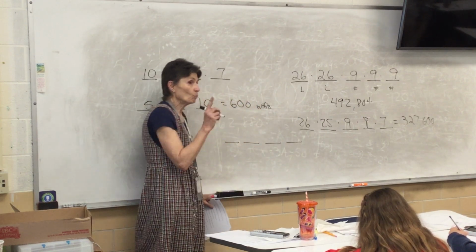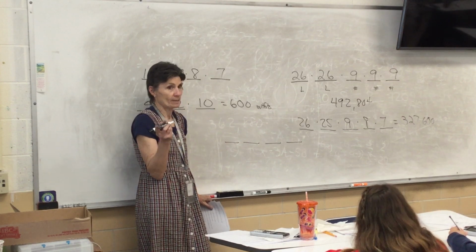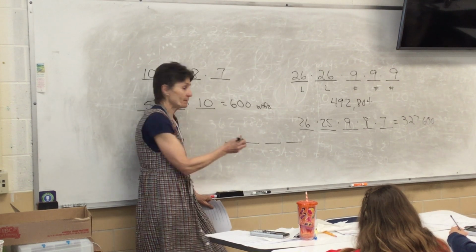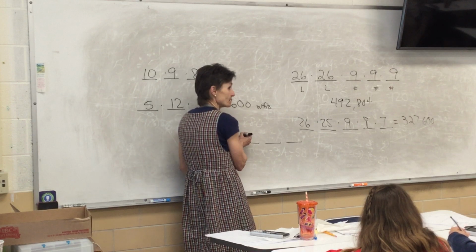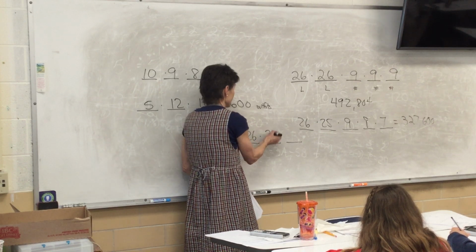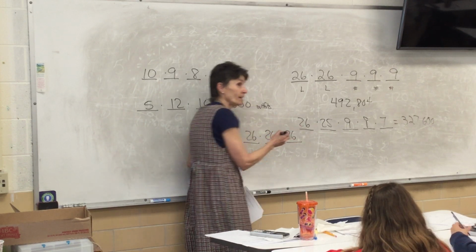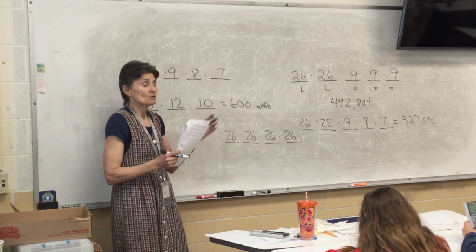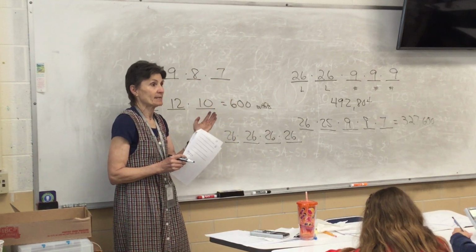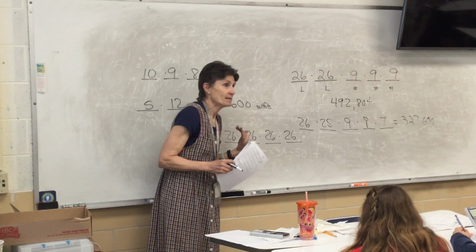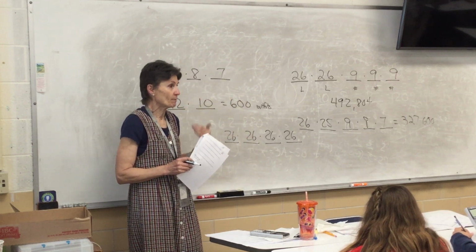Now, it wouldn't be 26 factorial. It would be 26 times 26 times 26 times 26, wouldn't it? Yeah. Because you're allowing every possibility. So maybe your favorite radio station is WWWW.